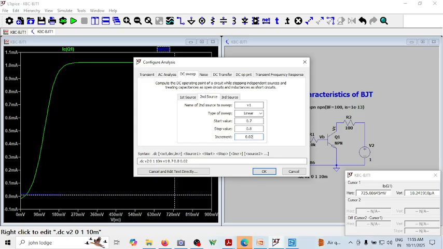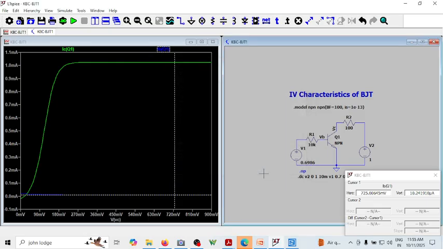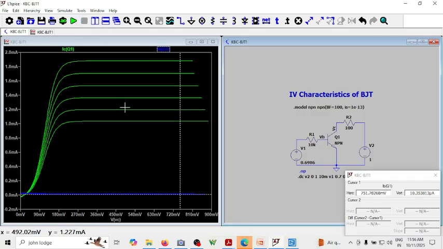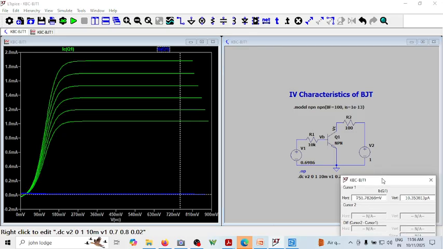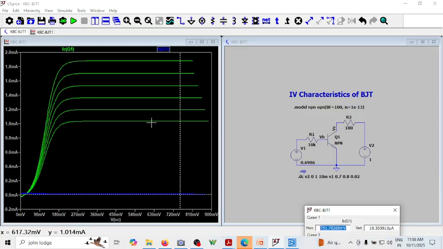I'm going to get five different plots, different IBs. Can you see you have five different plots? This is for 0.7, this is for 0.72, this is for 0.74 as my VB value. So as this V1 changes, the IB changes.